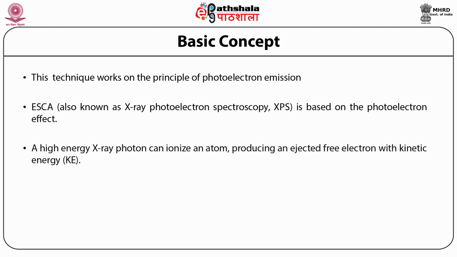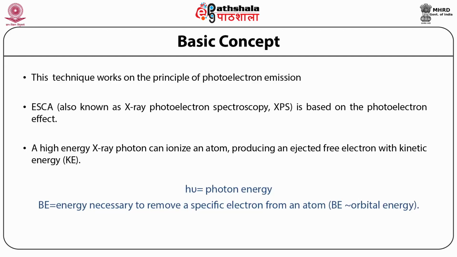A high energy X-ray photon can ionize an atom, producing an ejected free electron with some kinetic energy. This kinetic energy is given by h nu, the energy of the photon, minus BE, the binding energy necessary to remove a specific electron from an atom. So this is what is called the binding energy, which is almost equivalent to the orbital energy.